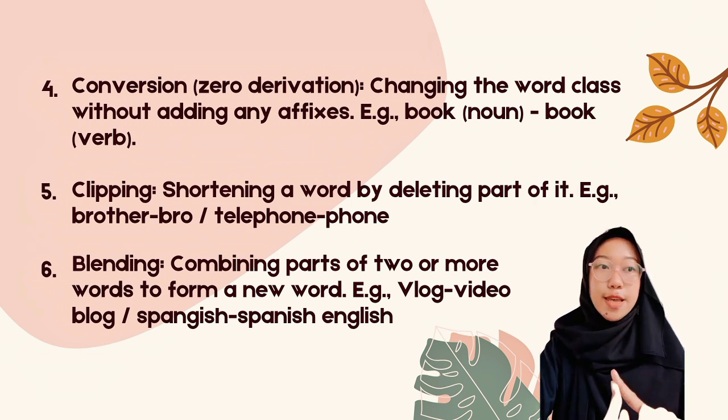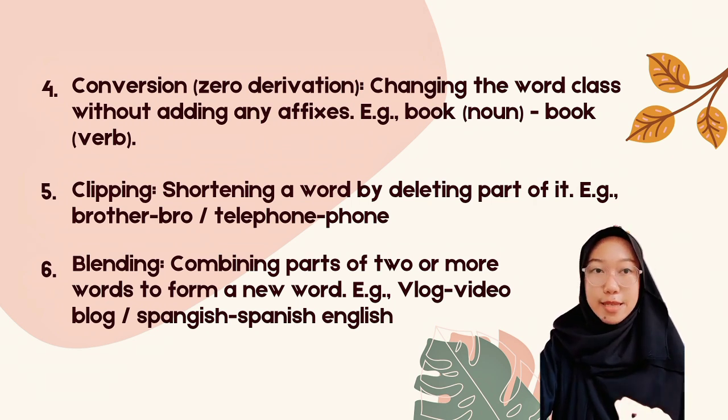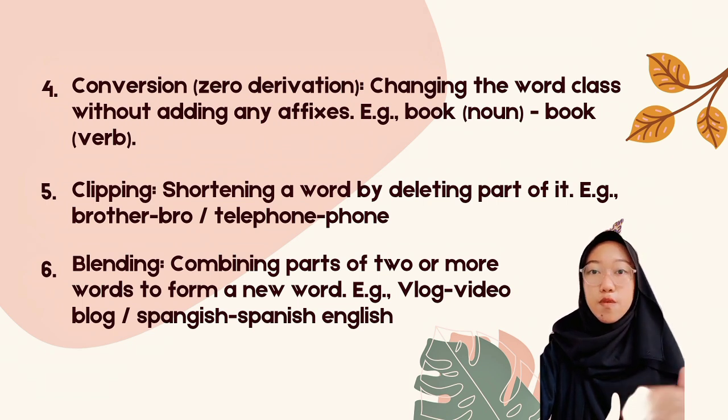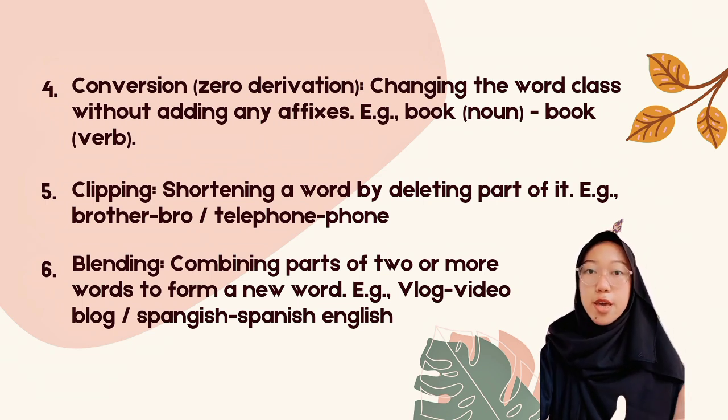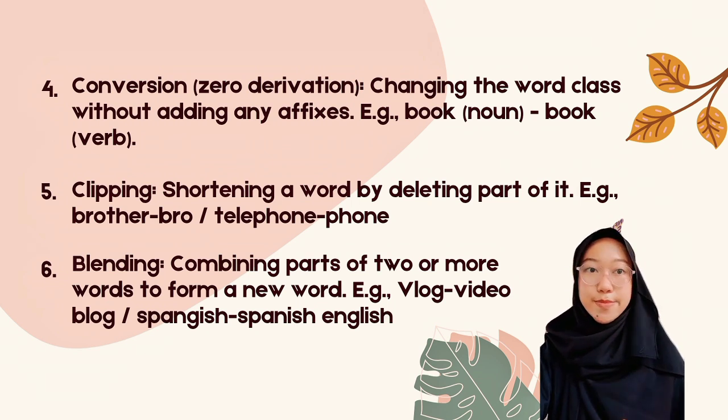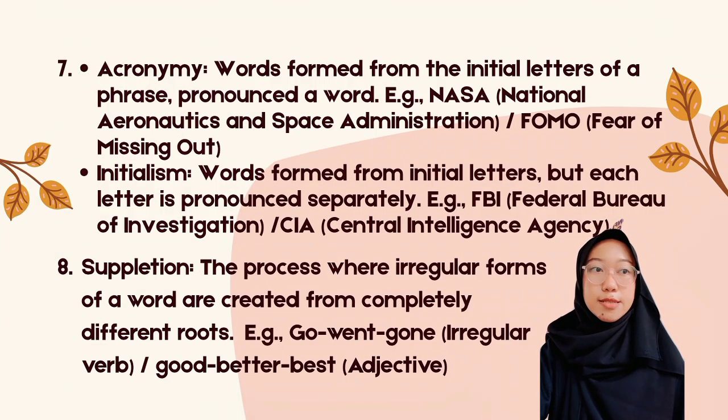The next process is blending. Blending is combining parts of two or more words to form a new word. For example, vlog and Spanglish. Vlog from video blog and Spanglish from Spanish English. Next, acronym and initialism.